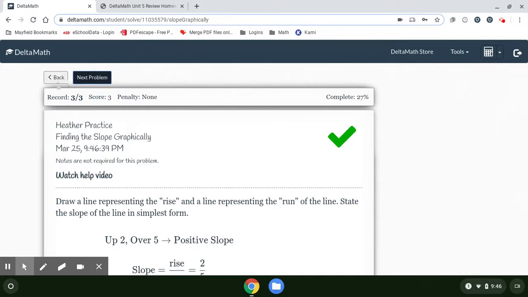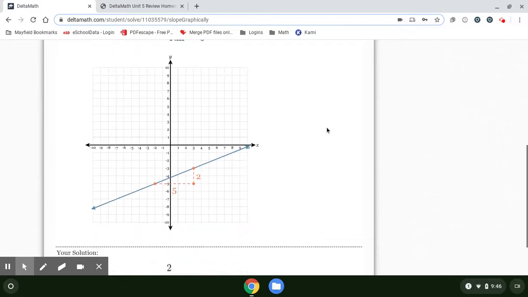Okay, so that's how you find a slope graphically. Hopefully that helps with your slope. Just to mention, if I'm looking at this particular problem, say I pick this point, and then this point up here, so I make a bigger triangle. In this case, my triangle would look like this.